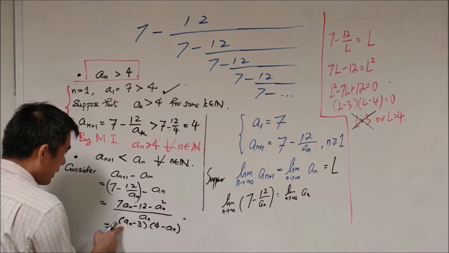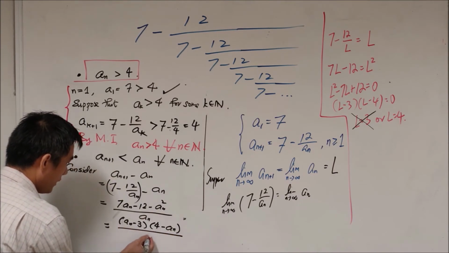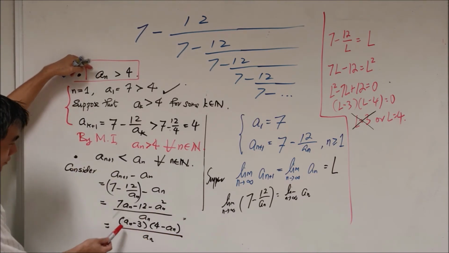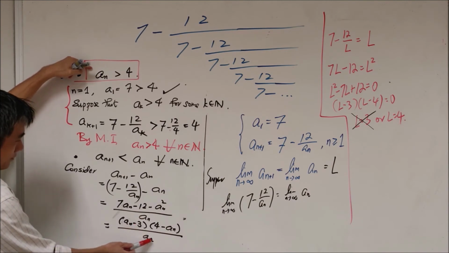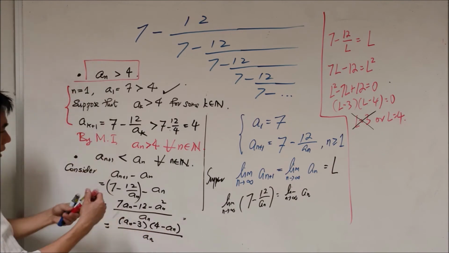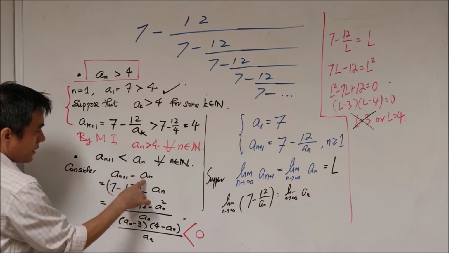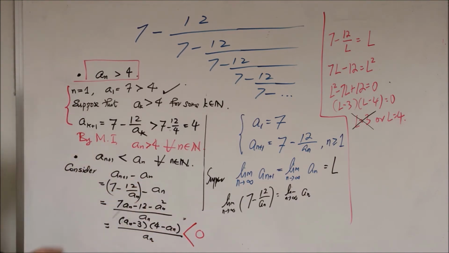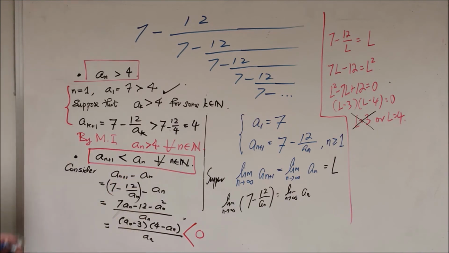This can be simplified as An minus 3 times 4 minus An, over An. Since An is greater than 4, An minus 3 is positive and An itself is positive. But 4 minus An will be a negative value, and therefore this is negative. An plus 1 minus An is negative. It means that An plus 1 is less than An, and we just proved that this is true.